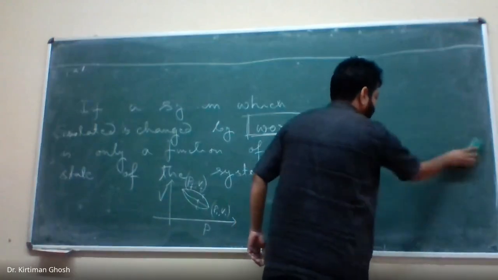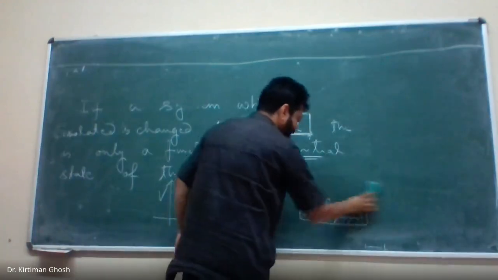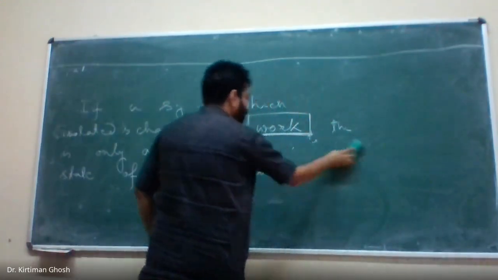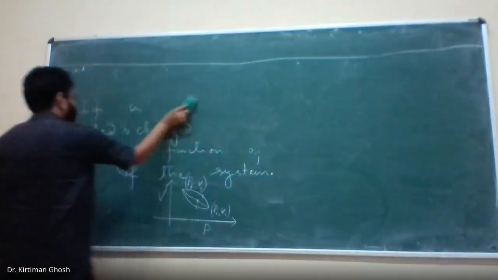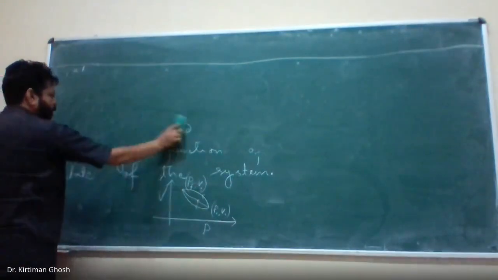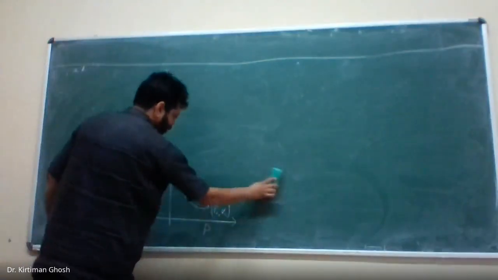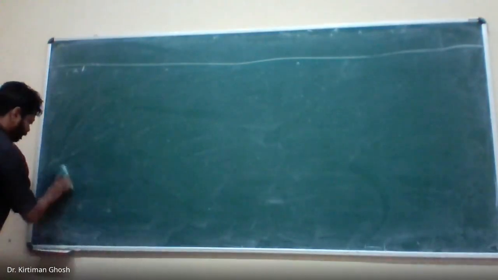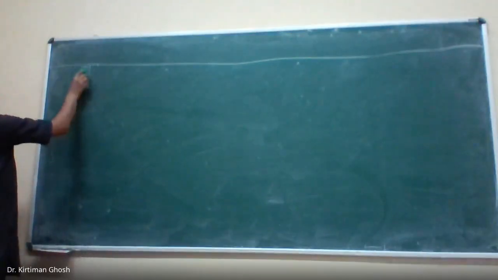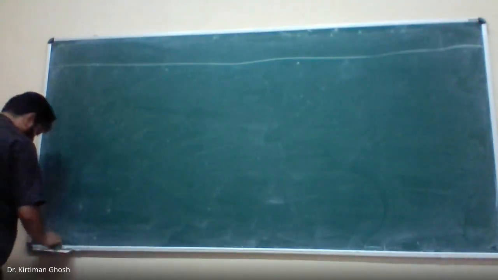But in order to understand its consequences and do some realistic calculation, we should be able to calculate the work done by a thermodynamic system, how we can calculate the different kinds of work done by thermodynamic systems. So that will be our objective today, or maybe for the next class also.